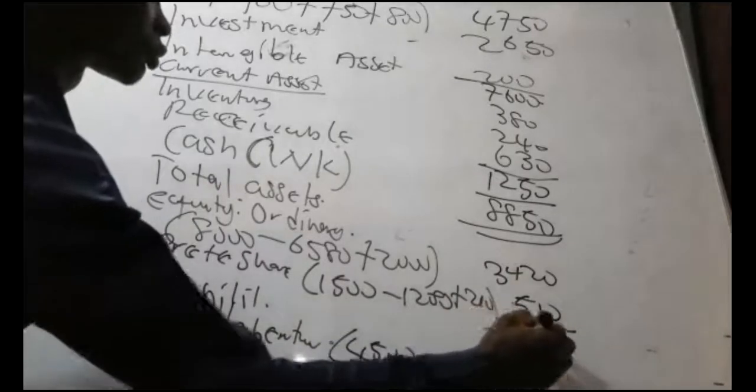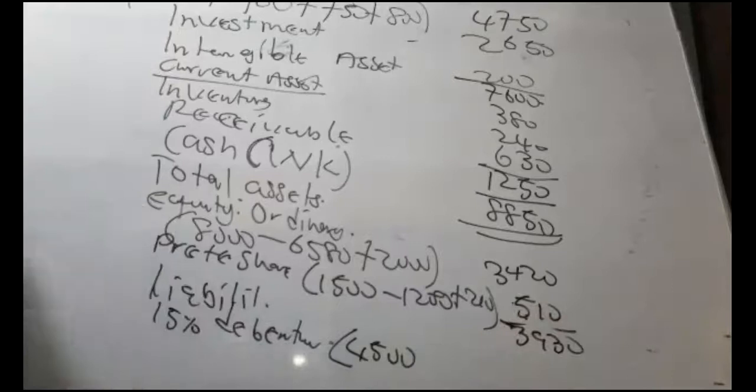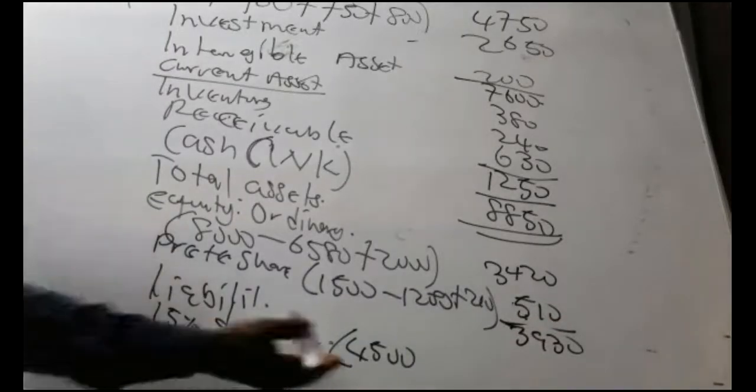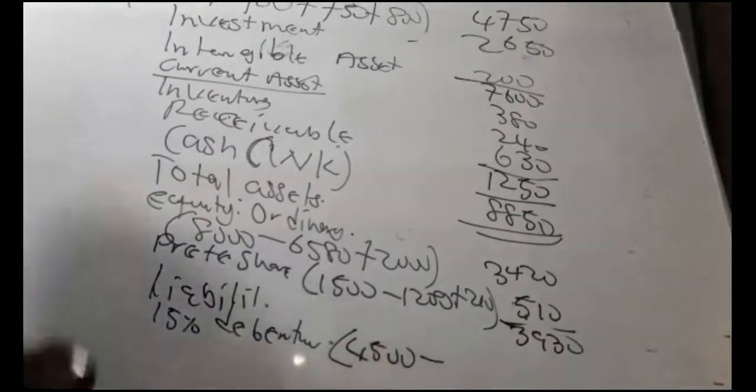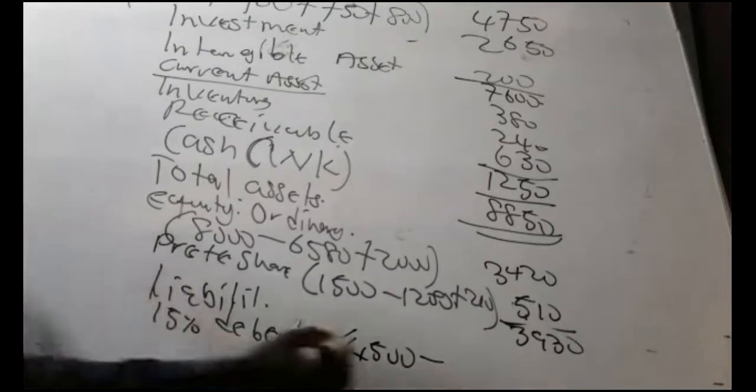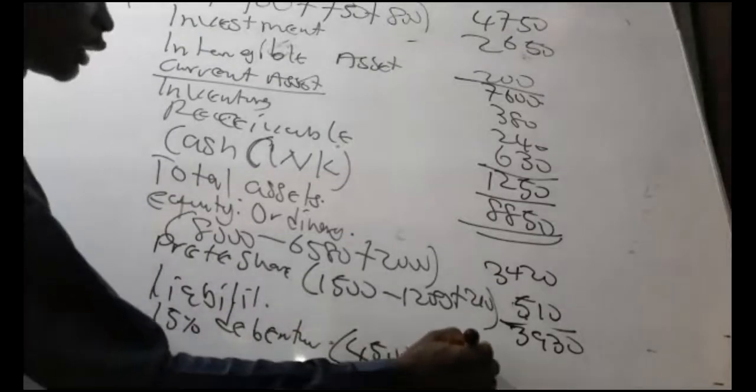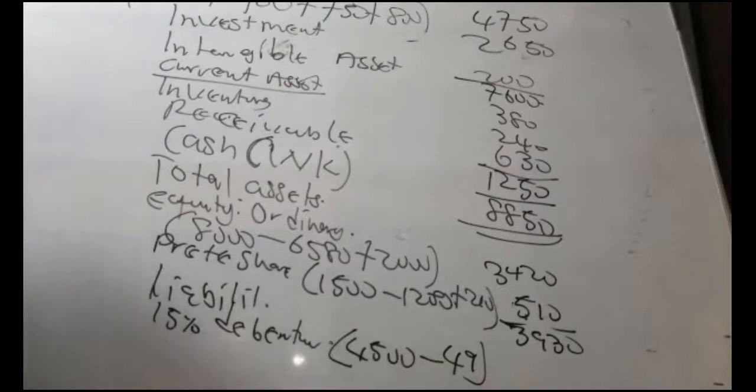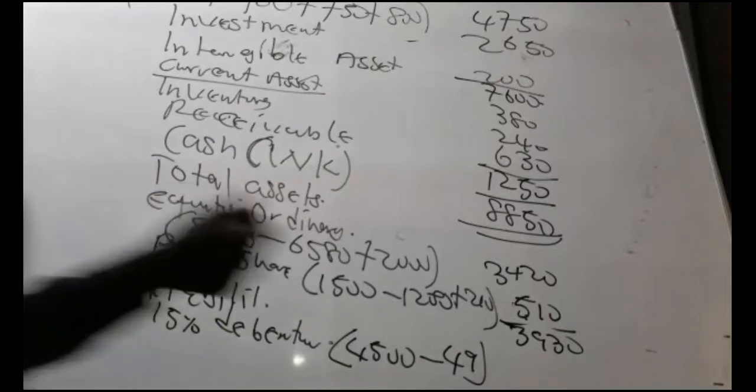So what will be the total here? Okay. So last, what? How much is the preference holders? The 15% debenture. They are losing 49. So what will be their position? 4451, right? Please, the preference share, what will be the answer?